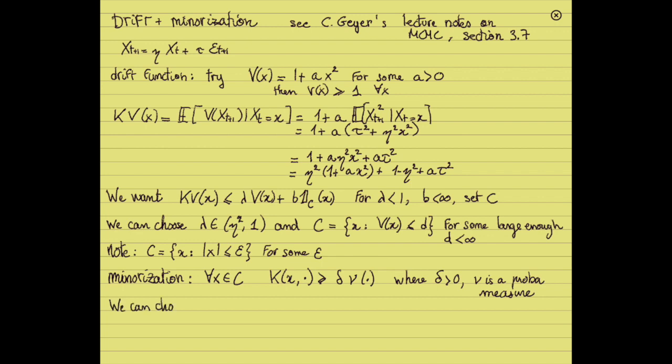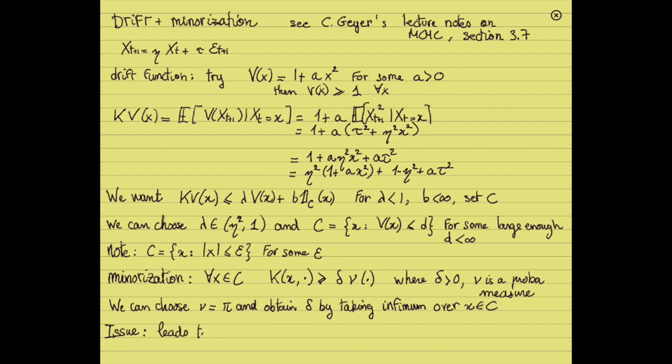So if we consider set C of the form above, kx dot again is a normal centered at eta x and with variance tau square. And so indeed, if we choose nu to be, for example, the stationary distribution, we can in fact find a delta, a very small value, by taking the infimum of kx dot over the set C.